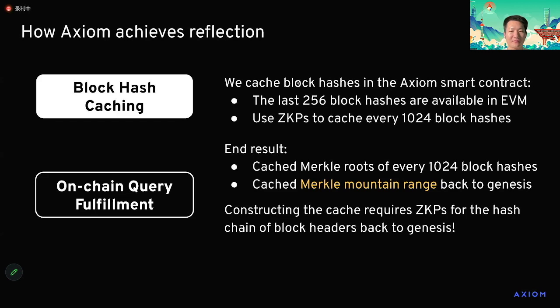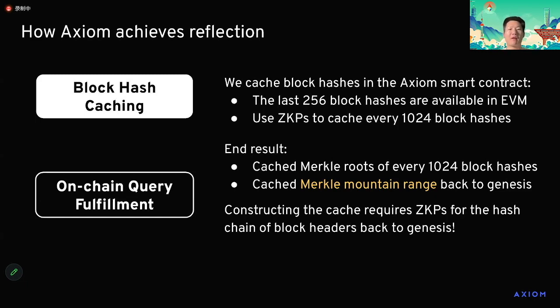What we can do is prove in blocks of 1024 that the block hash of the last block in that batch is committed to in the next block, the block hash of the second from last block in that group is committed to in the last block, and so on. So we can reverse this hash chain of headers and prove in zero knowledge that this hash chain is valid. This lets us cache the block hashes starting from a recent block all the way back to Genesis.